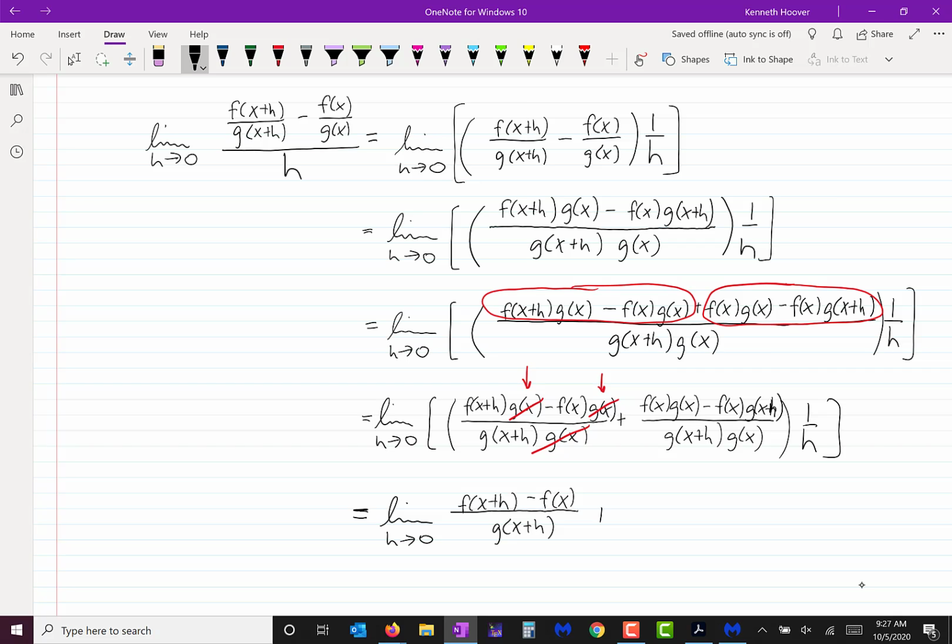And then what's the second one have in common on the top? Both terms have an f of x. So I can factor that out. Now it will not cancel out because there is no f of x on the bottom. So nothing's going to cancel, but it's still worthwhile to factor that f of x out.